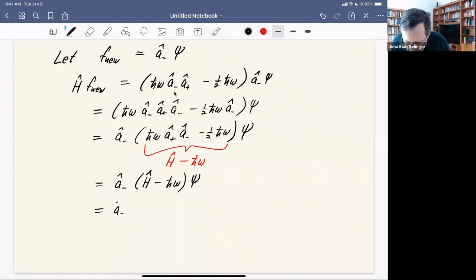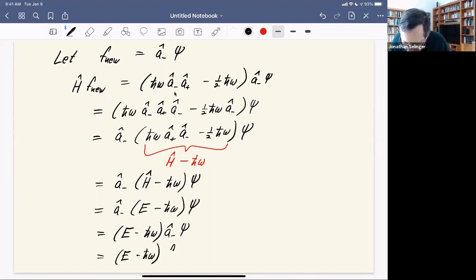All right, so this is A minus acting on E minus h bar omega psi, which is, now we can just factor out that E minus h bar omega times A minus psi, which is E minus h bar omega times our F nu function.